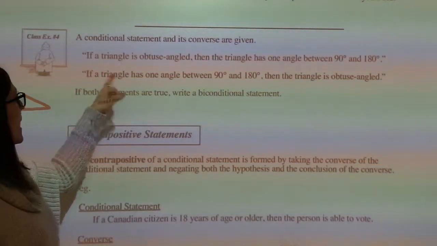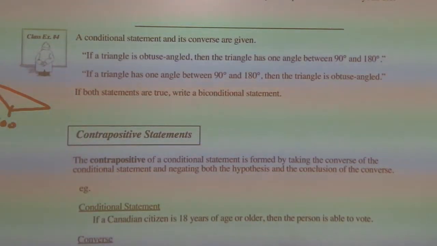So if I go the other way, if a triangle has one angle between 90 and 180 degrees, then the triangle has to be obtuse. Is that true? So if I have an angle between 90 and 180, does this make this an obtuse triangle? Yes. So then I can write this as an if and only if statement.